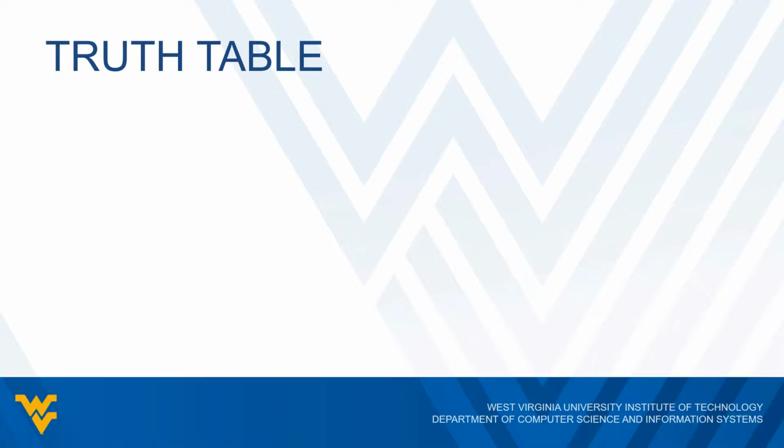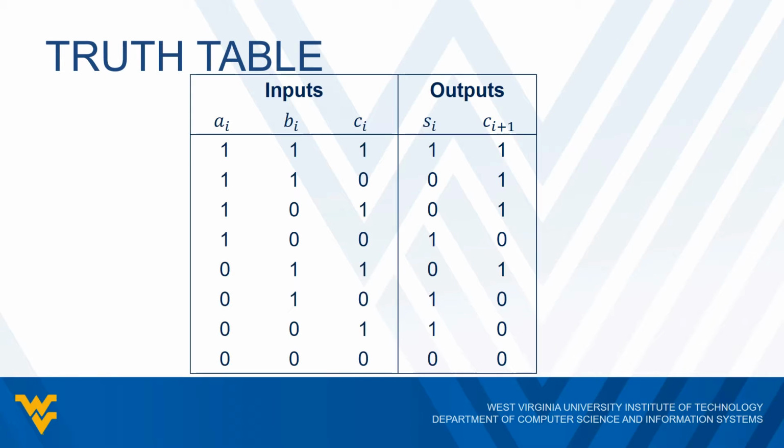The next step would be to construct our truth table. This is what we would get, and this basically gives us the inputs and outputs. So what happens when we add A, B, and C? Take a look at the first row, for example. 1 plus 1 plus 1 is going to be 1, 1. So our SI, our sum, is going to be 1, and our carry bit is going to be 1, and it's going to move on to the next column.